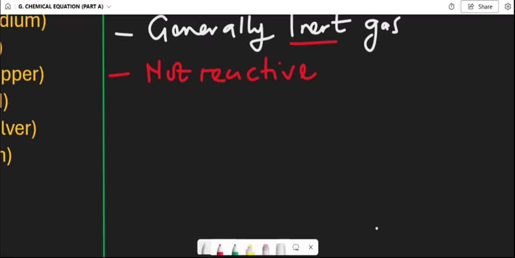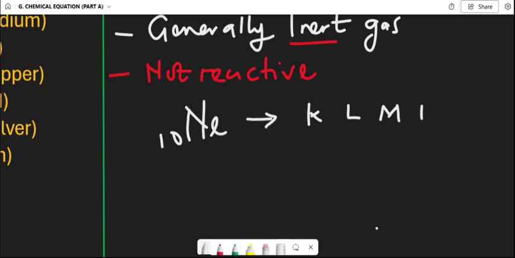For instance, let's consider neon. Neon is number 10 on the periodic table, and if you want to arrange neon on the K, L, M, N shells, neon firstly fills the K shell with 2 electrons, then fills the L shell with 8 electrons. Now when you look at the valence electrons, which is the last shell, you would see it's completely filled up.